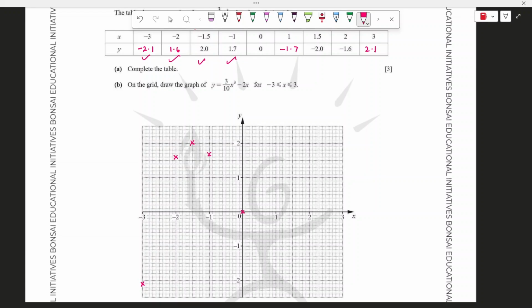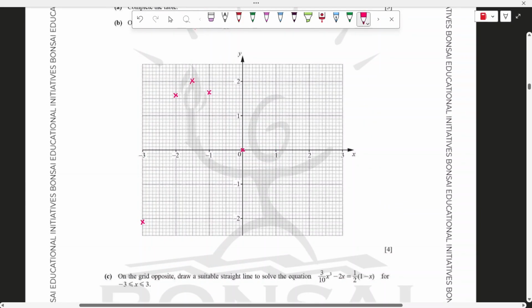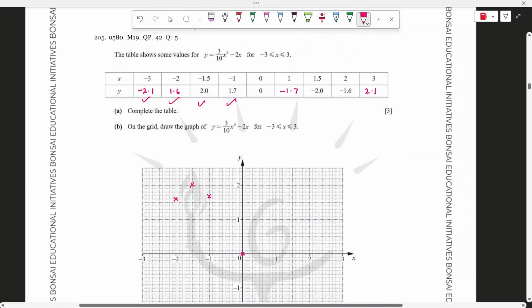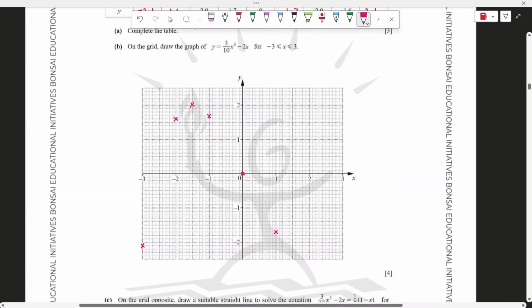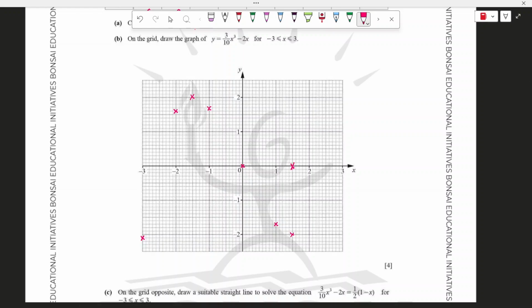Everybody knows this is the origin itself. Then 1 and minus 1.7. So x is 1 here, and for minus 1.7 we have to go a little down. Then 1.5 and minus 2.0. 1.5 is here and minus 2.0 is exactly here.